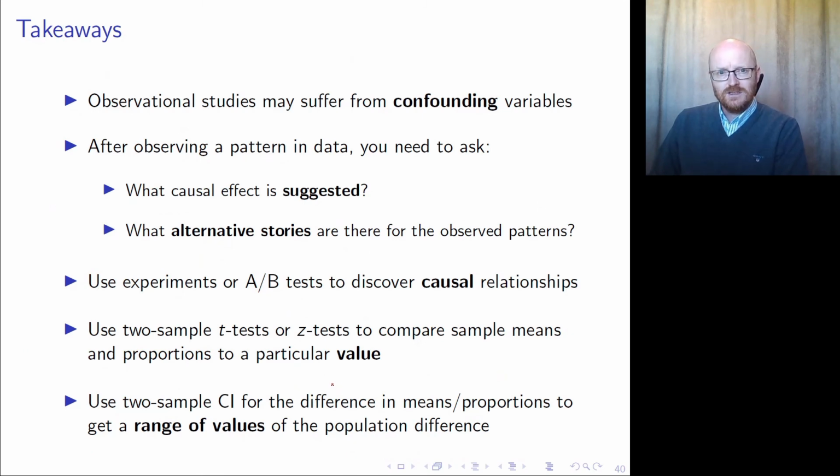Basically, what you should know after this lecture is that observational studies may suffer from confounding variables, those variables you can't really see. Even if you observe a pattern in your data, you have to think about what kind of causal effect might be the cause of this, and what kind of alternative stories there are for the observed patterns.